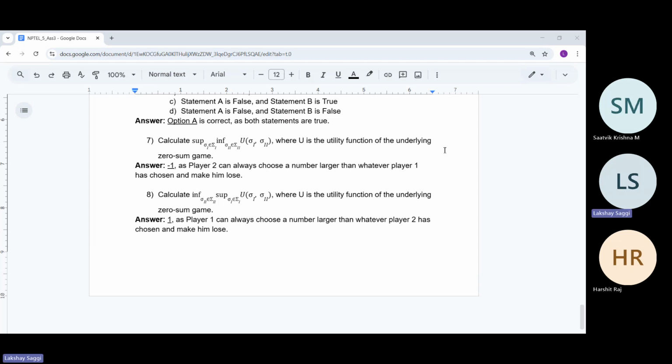These books, like Game Theory and Analysis of Conflict by Myerson, Dynamic Non-Cooperative Game Theory by Basar and Olsder, and similarly these 2-3 books also. All of these books contain the topics which we are discussing. In these books there are practice exercises too, so you can definitely practice these kinds of questions from them. And if you're not able to understand some theory from the lectures, you can try to understand it from these books also.